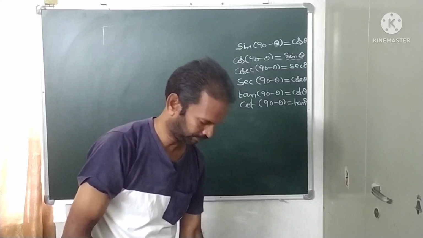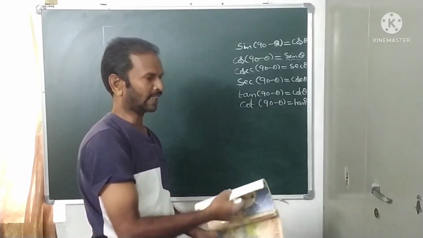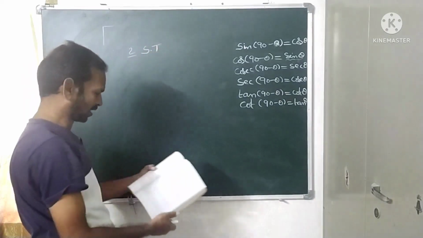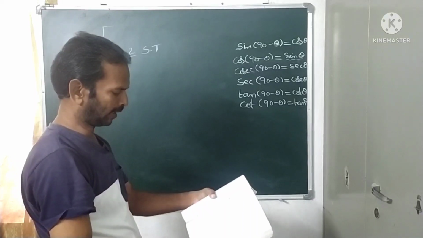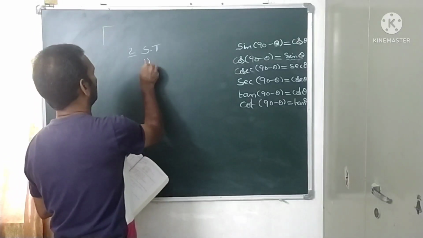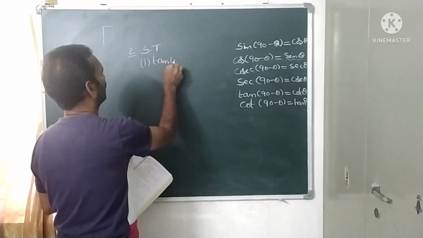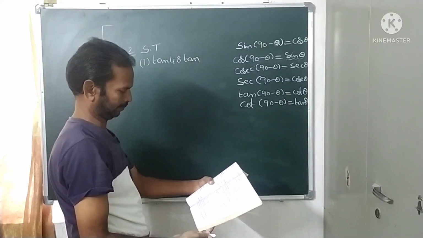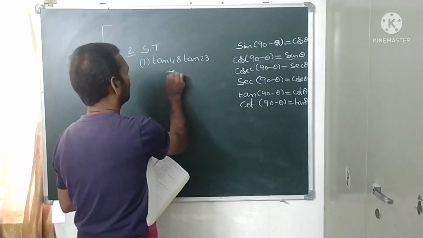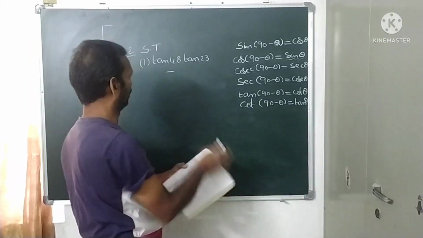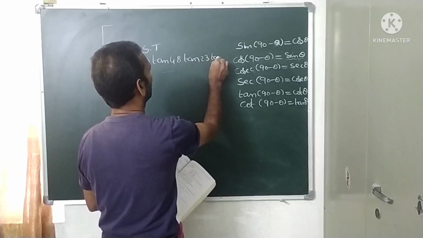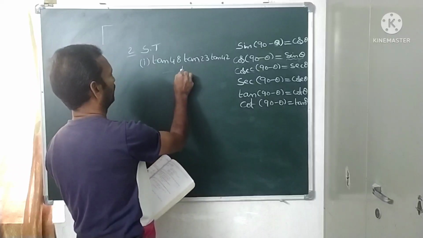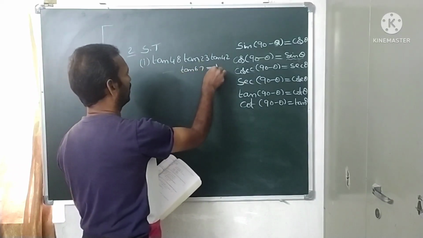Now, second Roman numeral: show that tan 48 tan 23 into tan 42 tan 67 is equal to 1.